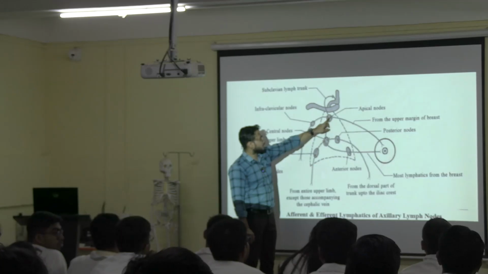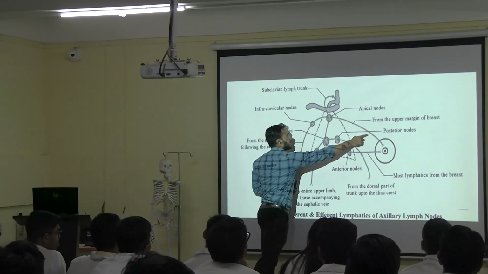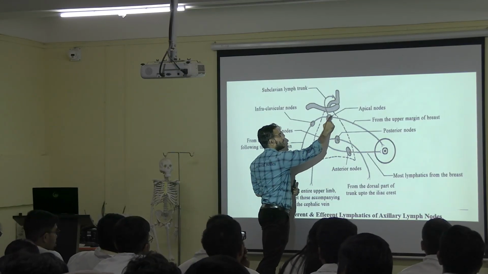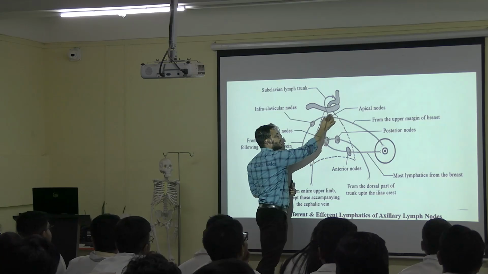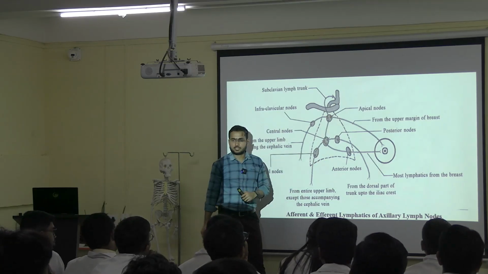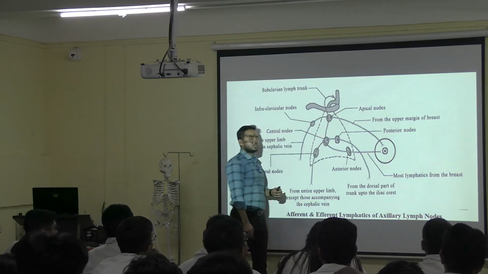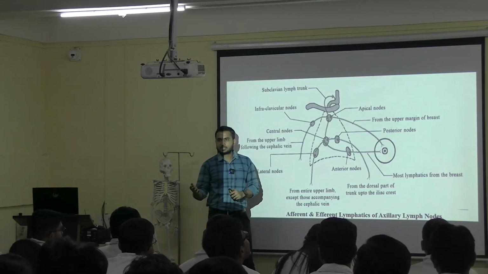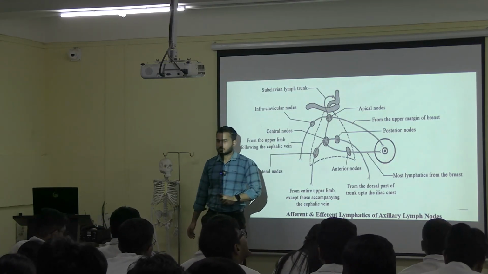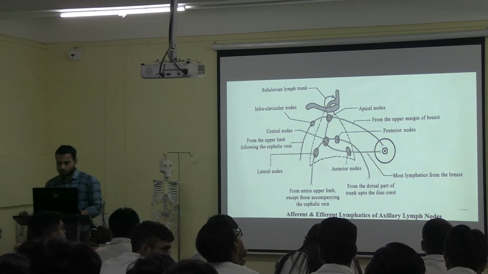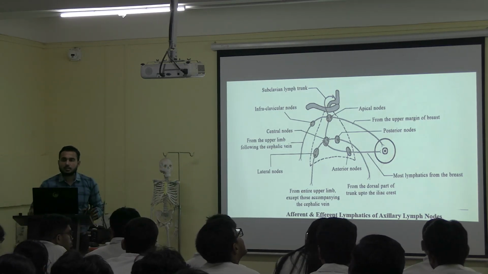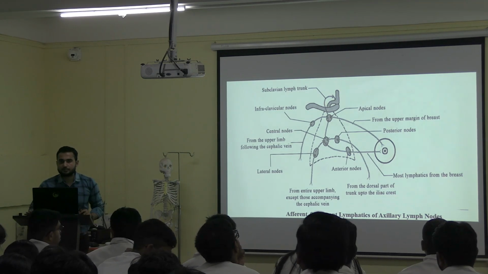This is the apical group of lymph nodes. You can see from here it is coming, from here also it is coming to the apical group, so these are the afferent. From the apical group it is going to the subclavian trunk and thoracic duct, so that is the efferent. So that is all about the axillary lymph nodes.